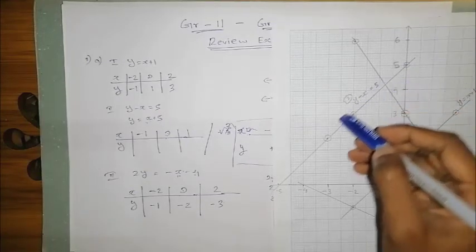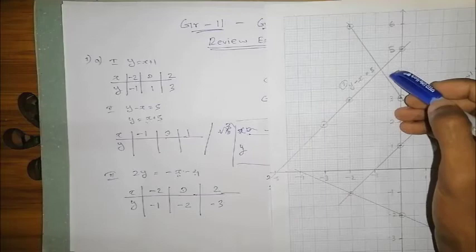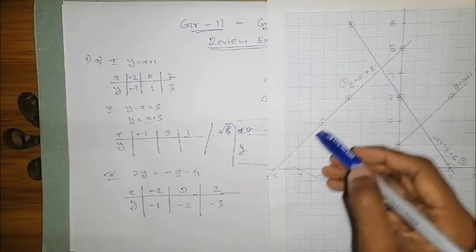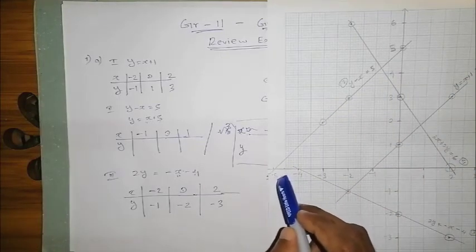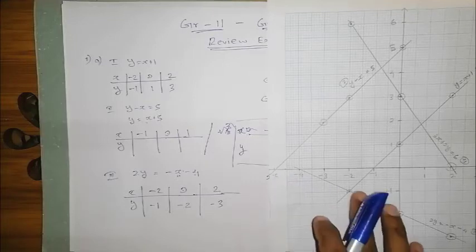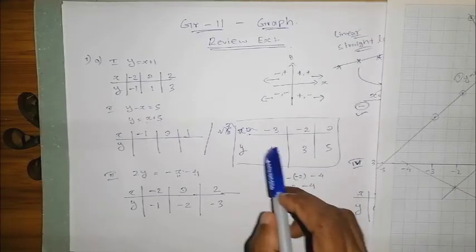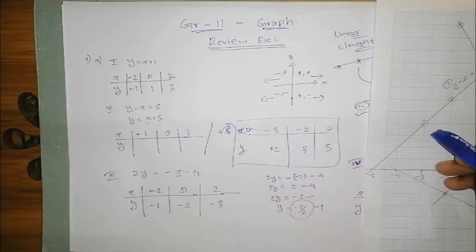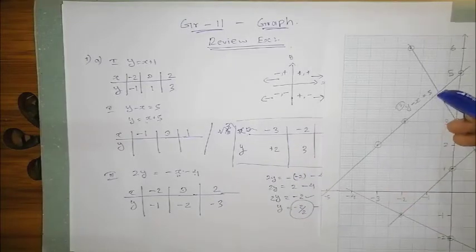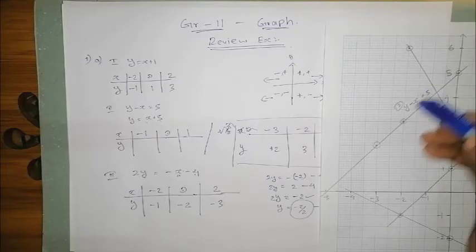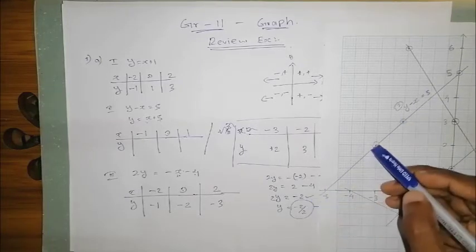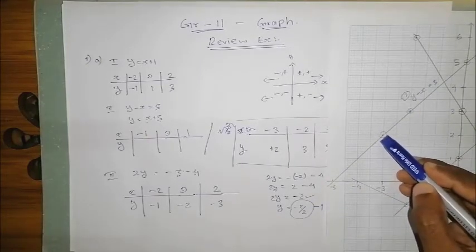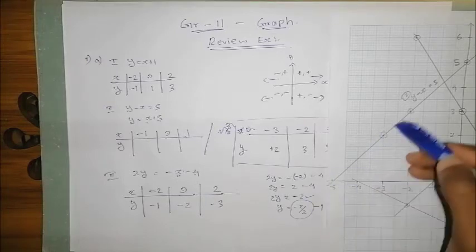So you need to drag the graph to find the coordinate of the intersection of the x-axis. That's why I changed the coordinates to minus 3, minus 2 and 0, because if the graph stops here, it is difficult to drag it. My graph starts here, minus 3, so it is easy.